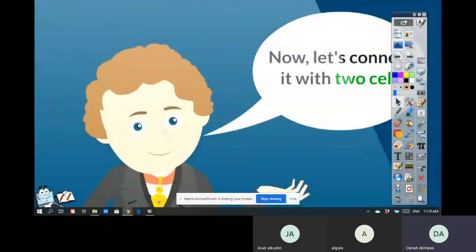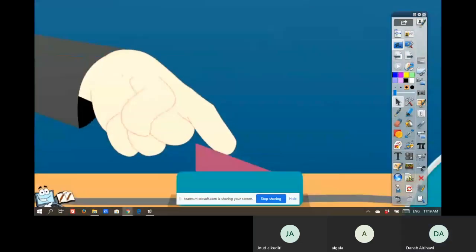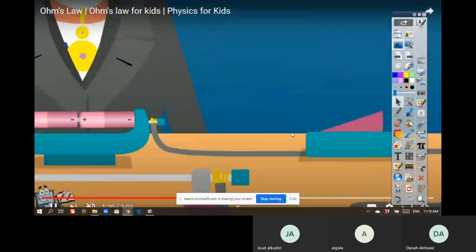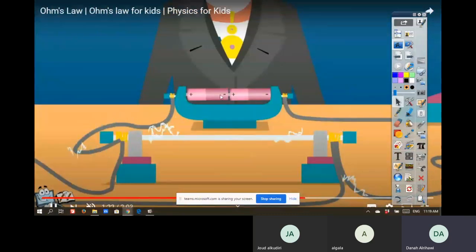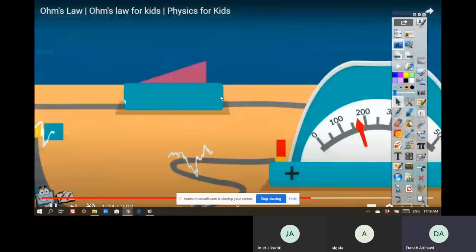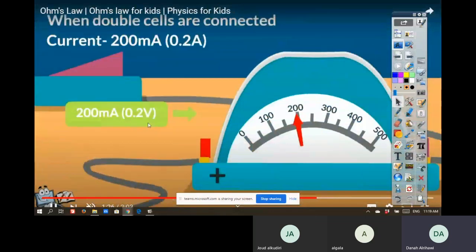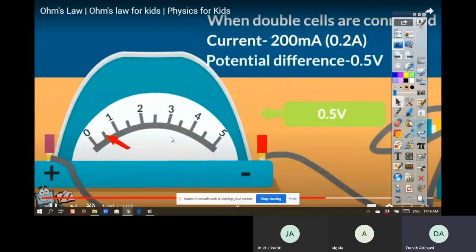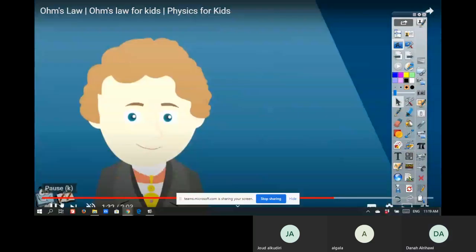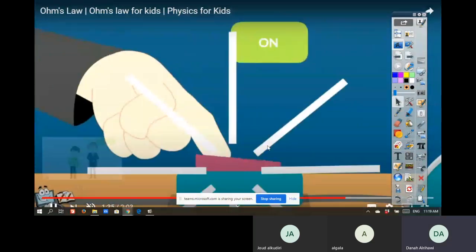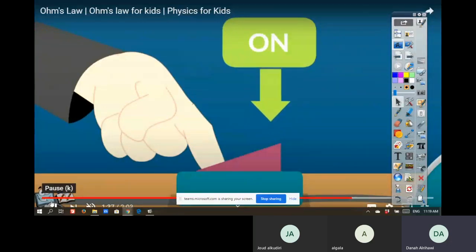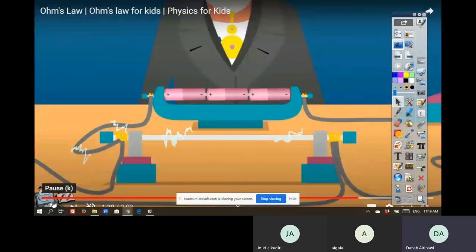Then when he added two batteries, what happened? The current became 200 ampere, while the voltage was only 0.5. So nothing doubled. If he adds three batteries, what will happen?